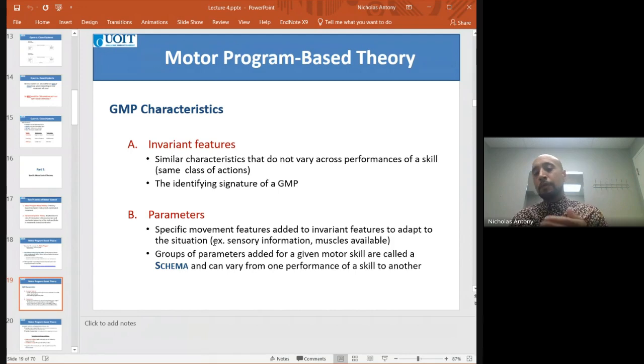And remember, it was called the schema theory. His idea was that the schema is the group of parameters for that given situation. So it's a pretty good theory. It was done in the 80s, and it makes sense, right? We now know the cerebellum stores motor patterns.